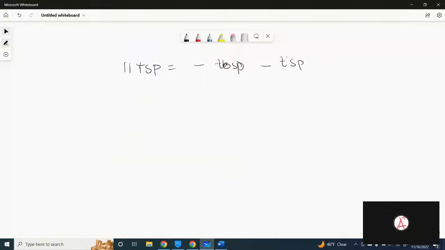Got it? So I've just written on the board, in 1 tablespoon you have 3 teaspoons. Got it?